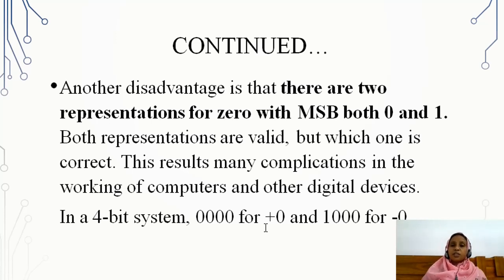But we all know that there is no such thing as positive 0 and negative 0. These two zeros cause confusion in the processing of computers and other digital devices. That is another disadvantage or limitation of the sign magnitude system.